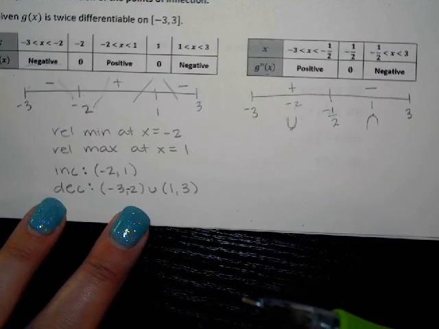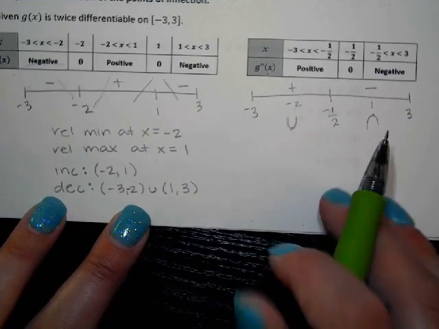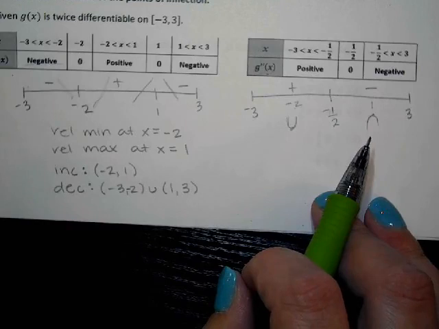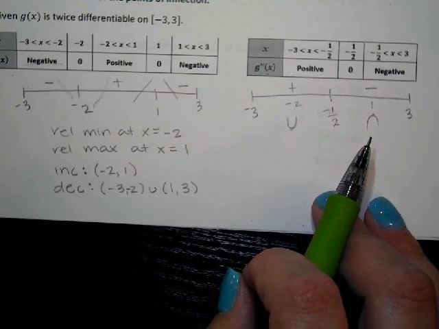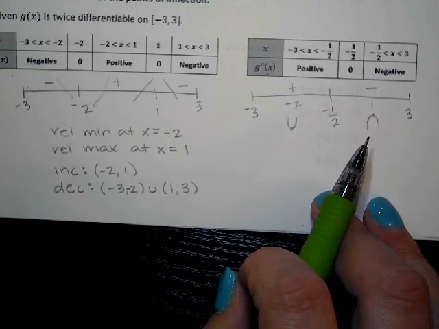That's why I care. Because they could say something like, we know this interval is concave up and we know this critical value. And then you'd have to know, oh, it's concave up and this is the critical value, therefore it's a relative min. So if they only gave you information about the second derivative and a critical point, you would not know anything about the first derivative because you only knew the critical point.